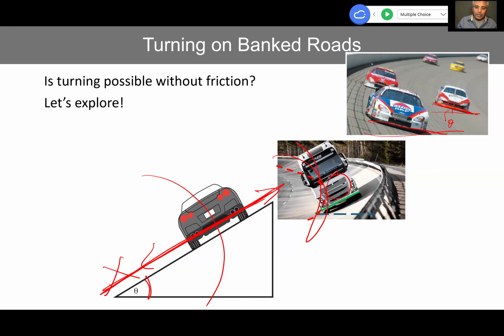So the acceleration is not along the incline. Rather, since it is going in a circular path, the acceleration is towards the center of the circle. And we always want to choose one axis in the direction of acceleration while using Newton's laws.